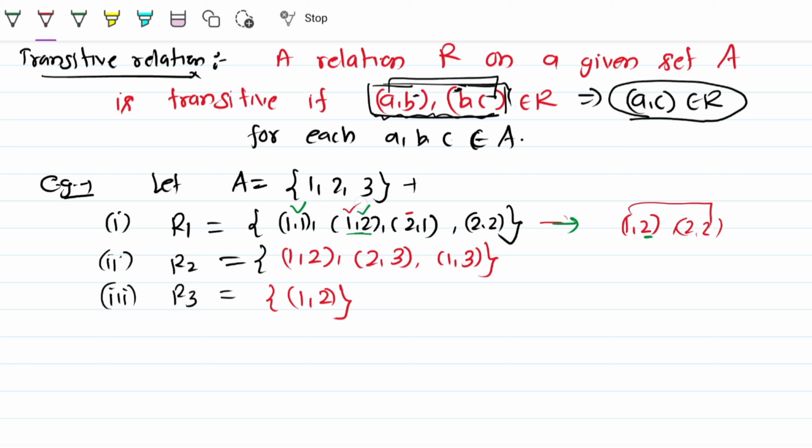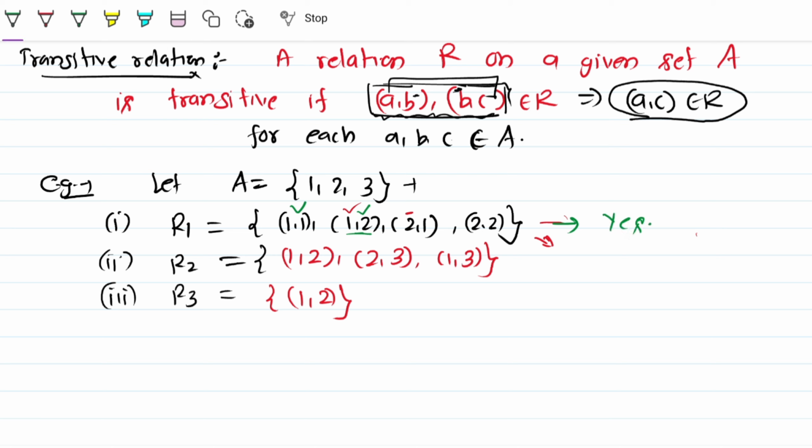So for all situations, whenever (a,b) and (b,c) belong to R, (a,c) also comes in R. It means R1 is a transitive relation.